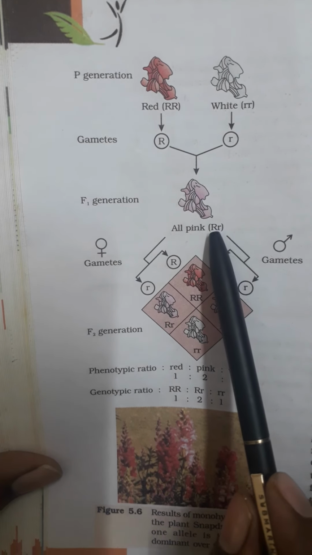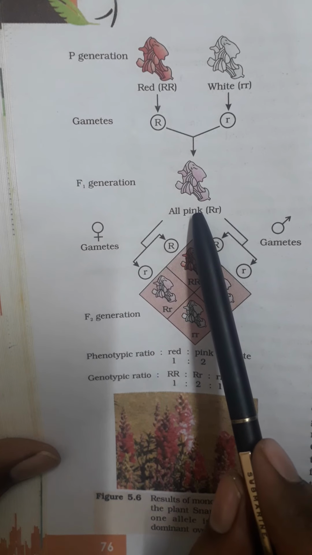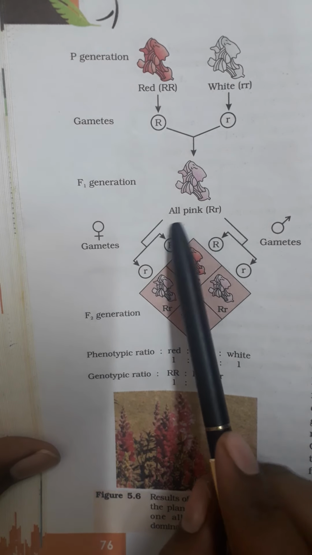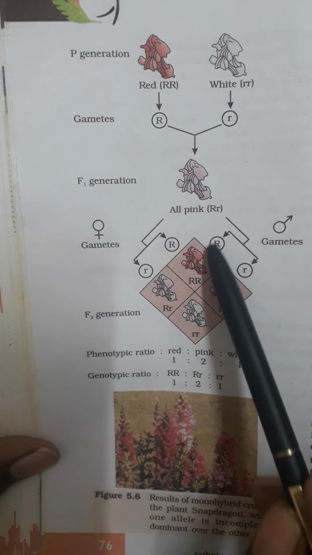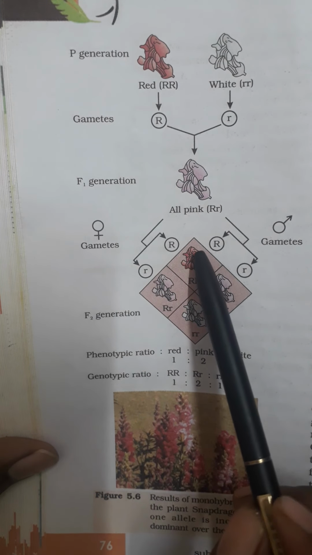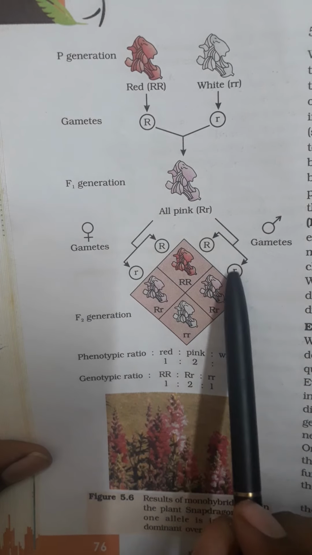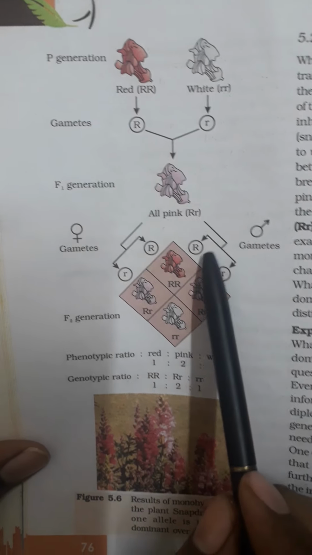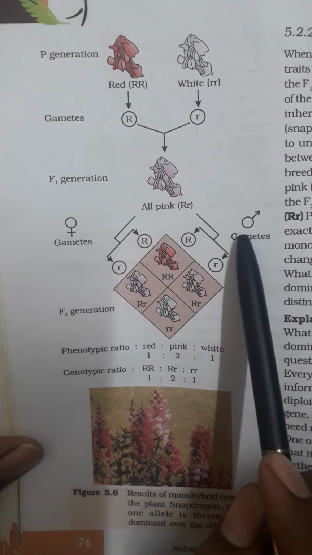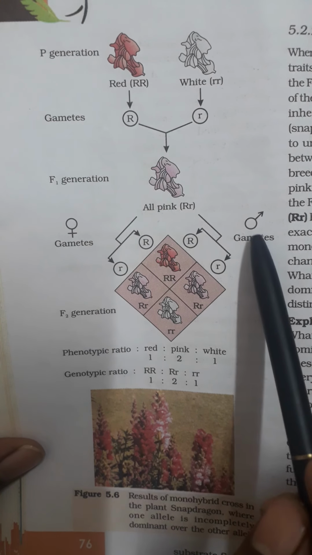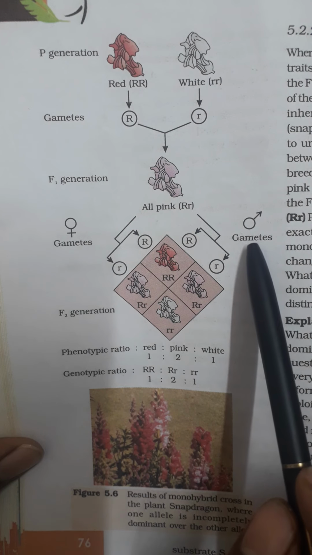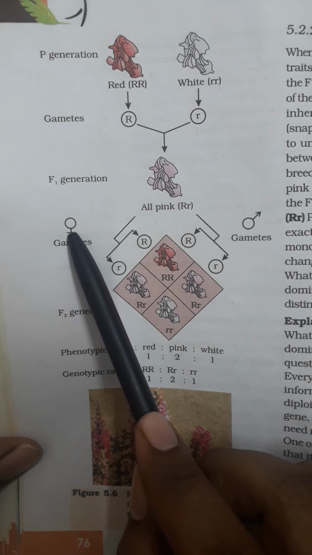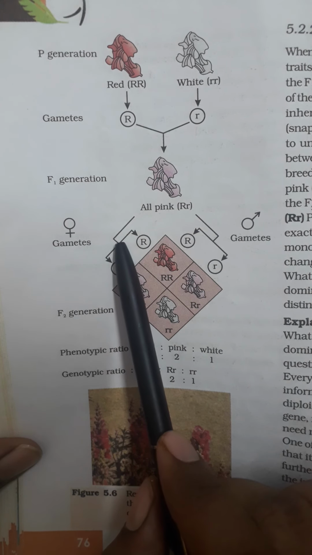Later, if self pollination is conducted in the F1 generation plants, the F1 plants produce gametes, capital R and small r. The arrow mark above the circle represents the male gametes, and the plus symbol below the circle represents the female gametes.